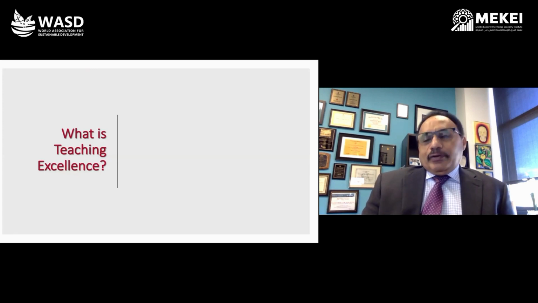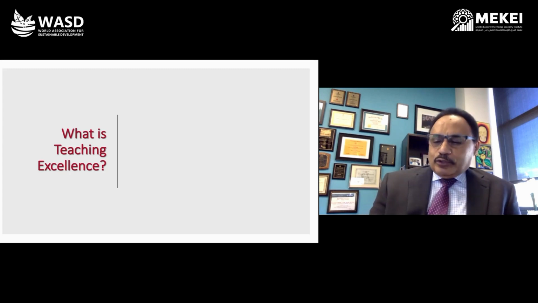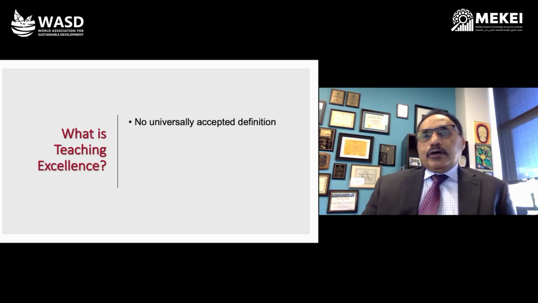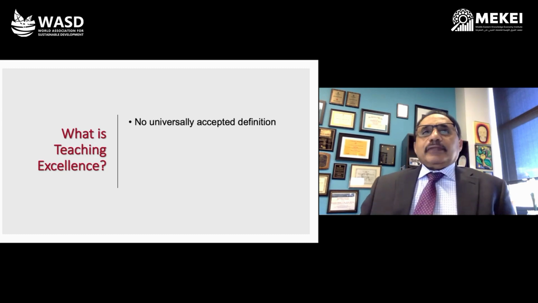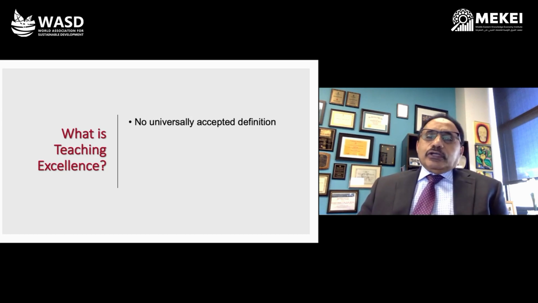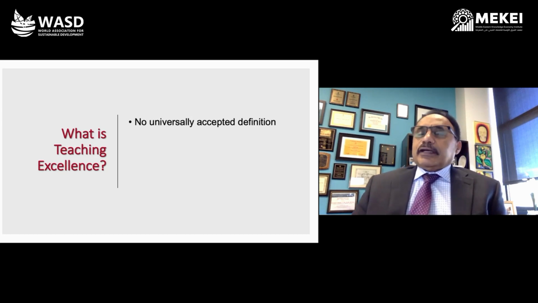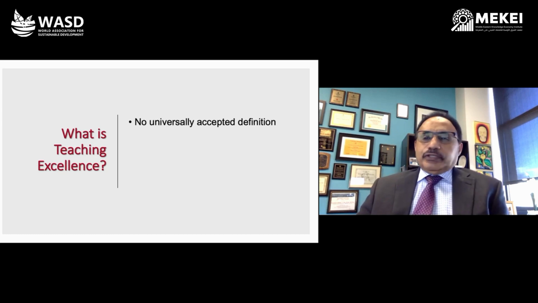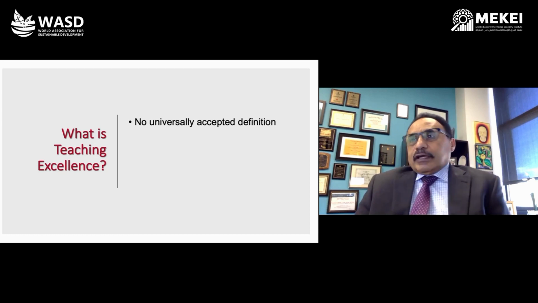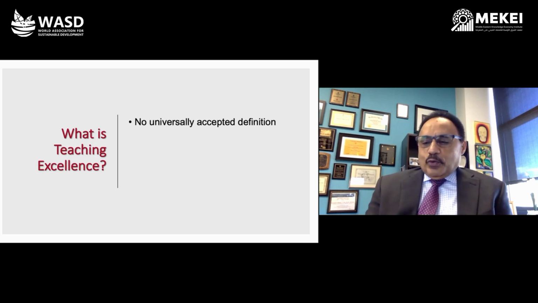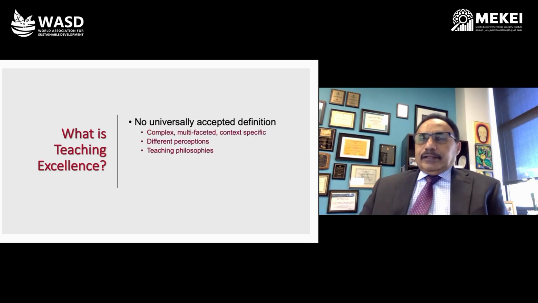So now, if I ask everyone to tell me about the teaching excellence, definitely we're going to have different definitions. So why is that? Because there is no universally accepted definition for teaching excellence. And then we can ask ourselves, so why is that?